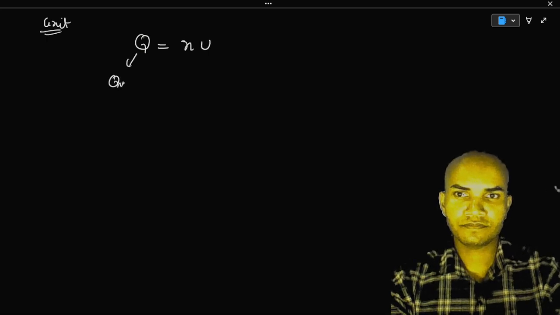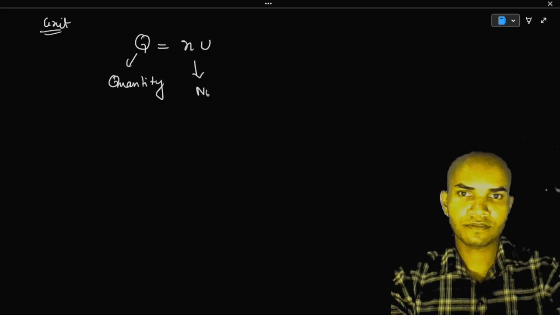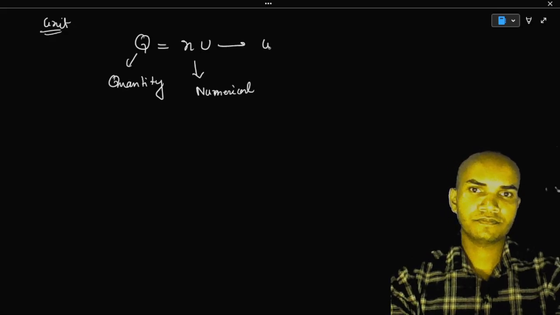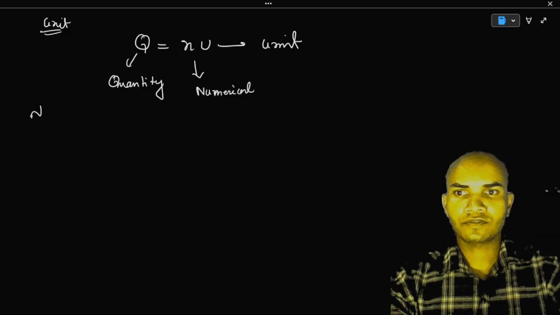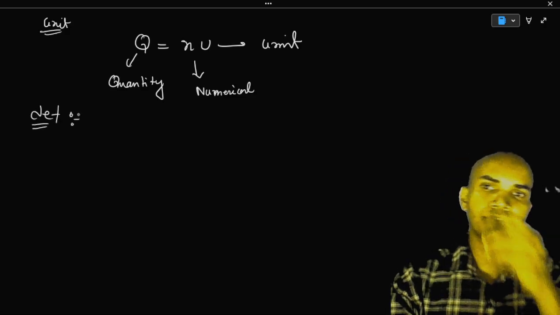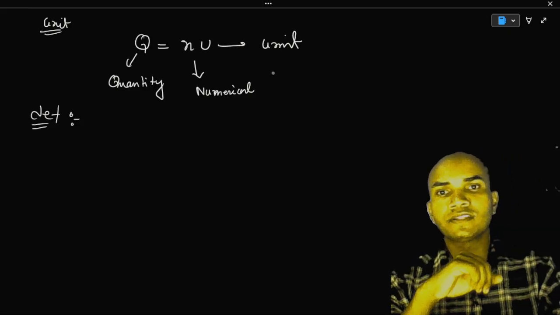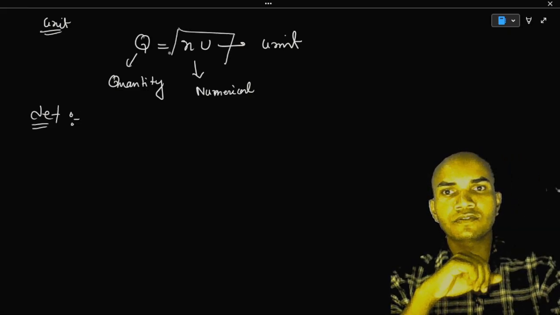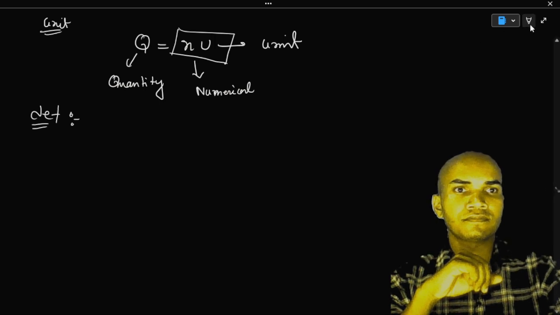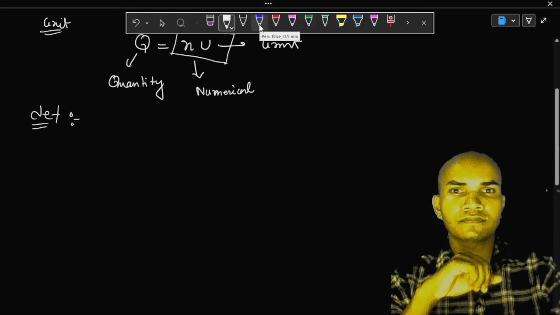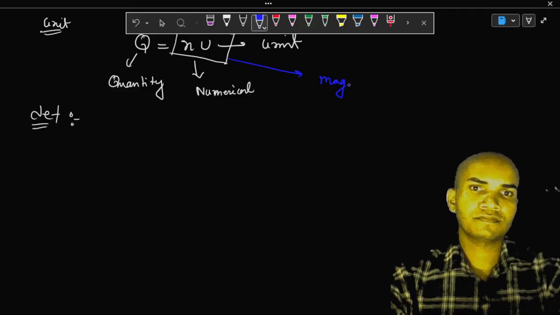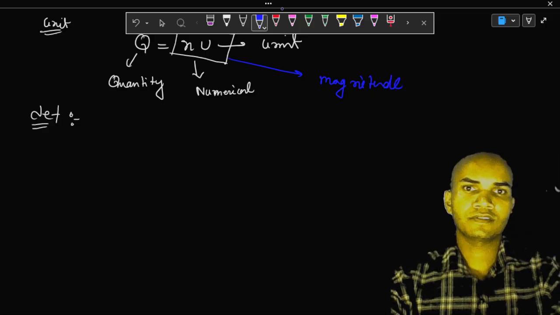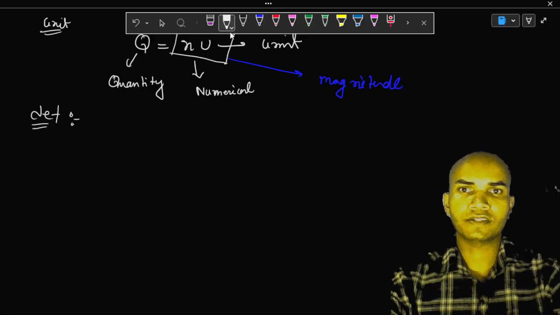Q is the quantity, n is the numerical value, and u is the unit. Now come to the point: n u together is called magnitude.